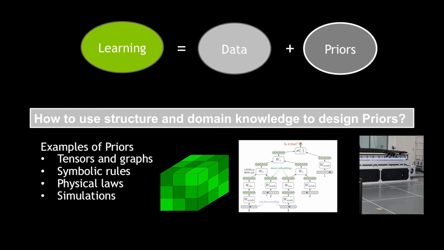So in terms of structural inductive bias, you can think of the structure in data itself informing the neural networks, and convolution was one example of that. I'll show you how tensors extend matrix computations to higher dimensions, and that can also be a strong form of inductive bias.